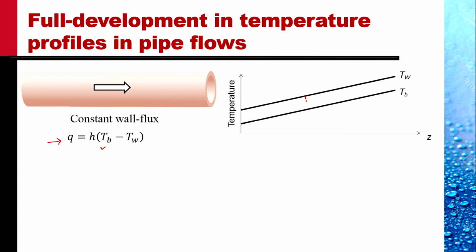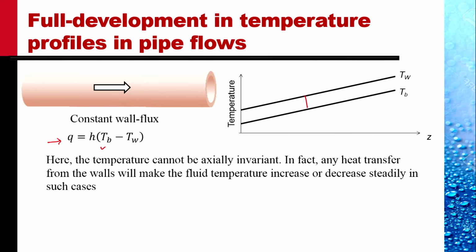This difference of temperature, Twall minus Tb, should be constant with Z. So when we look at this picture, it is not the temperature that is invariant with the Z, but the temperature difference Tw minus Tb that is invariant with the Z direction. So any heat transfer from the wall will make the fluid temperature increase or decrease steadily in such cases.